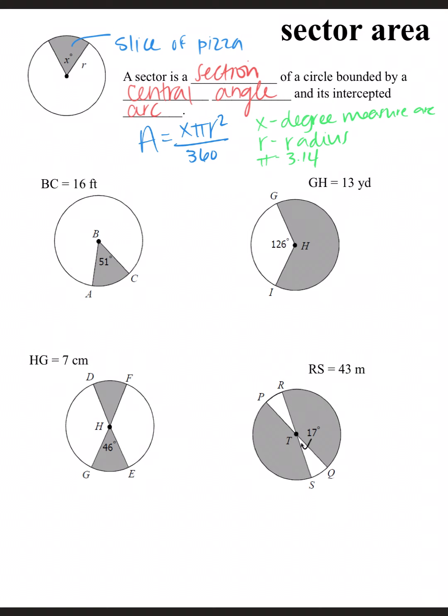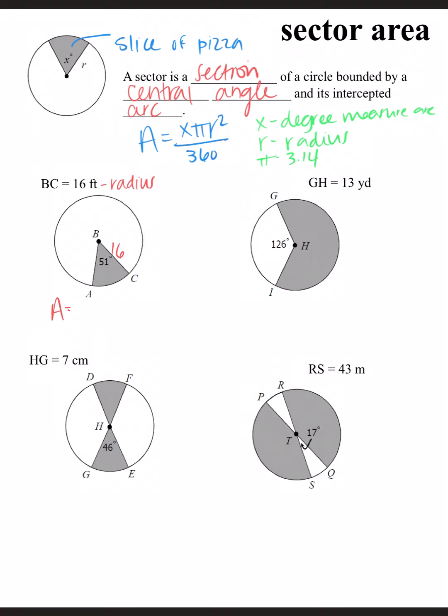All right, so let's look at examples. We have this first one. Our angle is 51 degrees, and it also tells us that BC is 16 feet, so this is our radius. So let's plug into our formula.